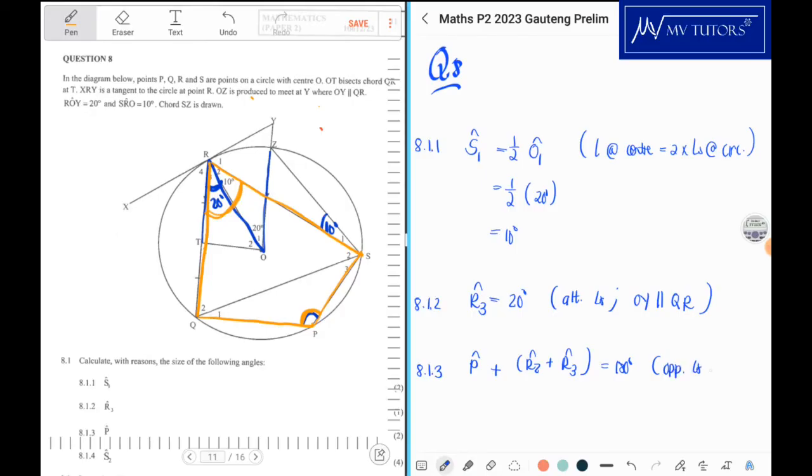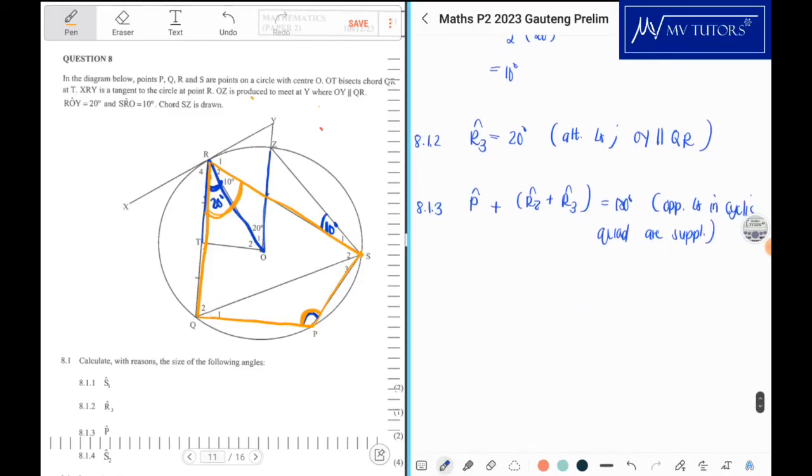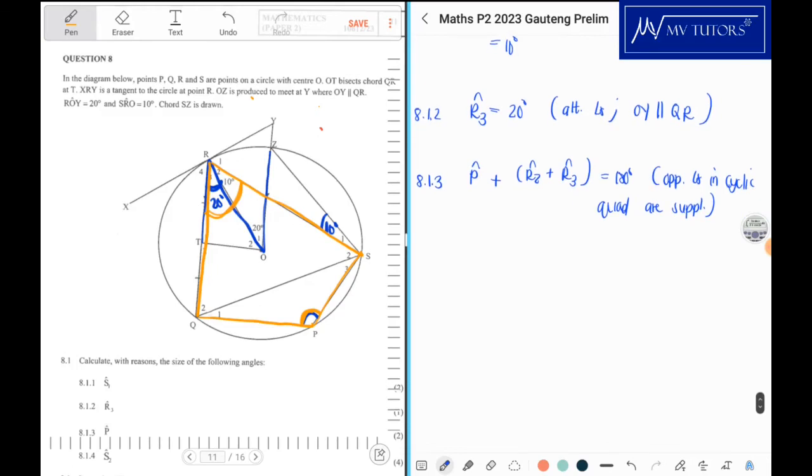Opposite angles in a cyclic quad are supplementary. Okay, supplementary meaning that when you add them up, they equal 180 degrees. All right, so basically P is equal to 180 minus R2 plus R3.